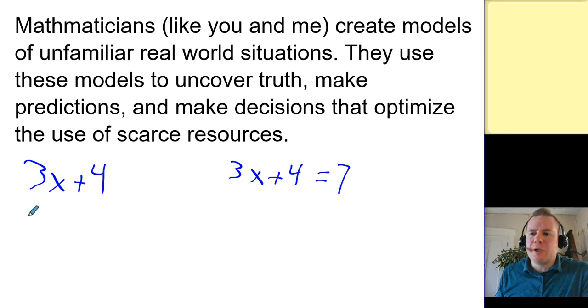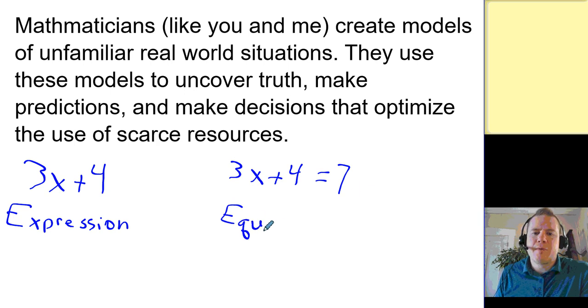This is what we call an expression. And this one is what we call an equation. What's the difference? Right, that big thing there. So let's give these formal definitions.